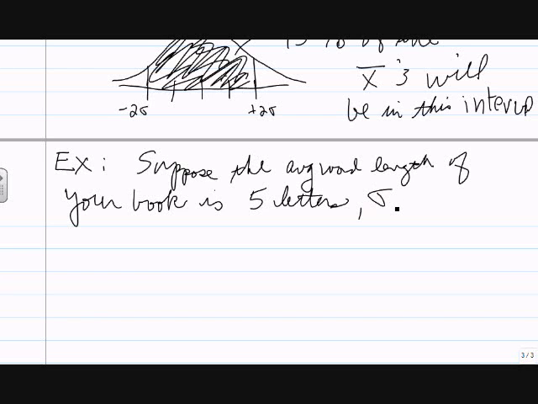And we know that the standard deviation is 0.25. Now, since this book is on computer, you can have a computer go through and count the words and average the word length. But let's just say, we're not going to do that. This is the old days where everything was typeset. And you're going to go out and get a sample of 100 words from your book.